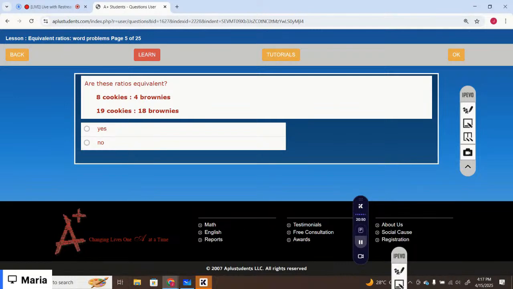Are these ratios equivalent? 4 cookies to 8 brownies and 19 cookies to 18 brownies. So which is the correct option?